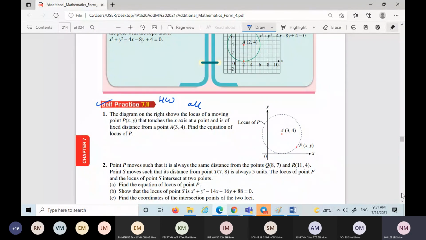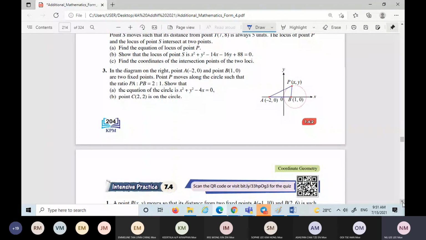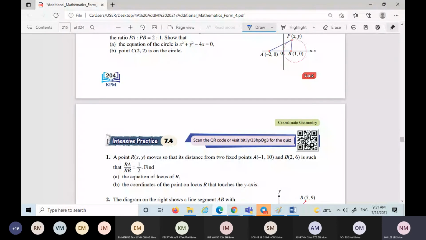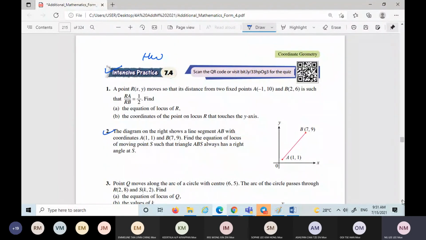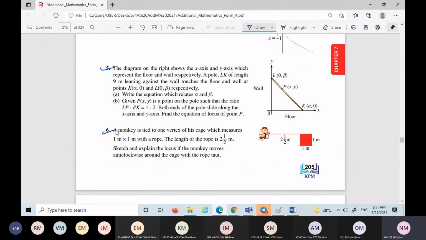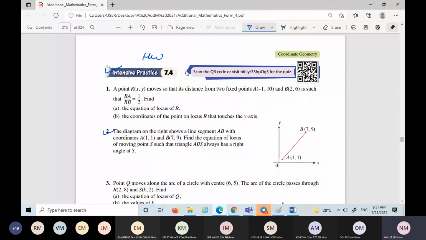These are all. And this one also. This one do 2, 4, 5, and 6. Okay, 2, 4, 5, and 6.